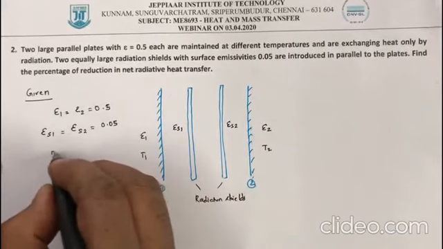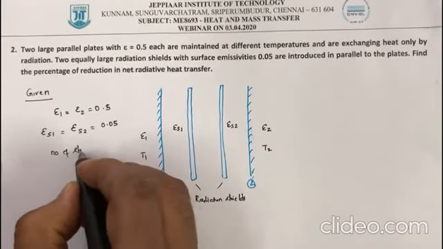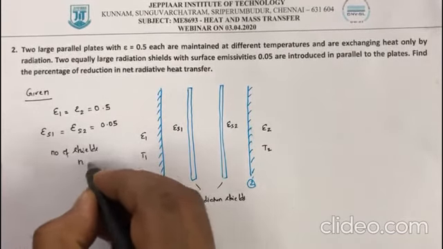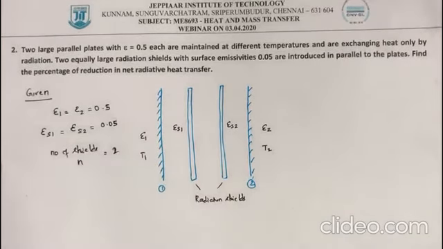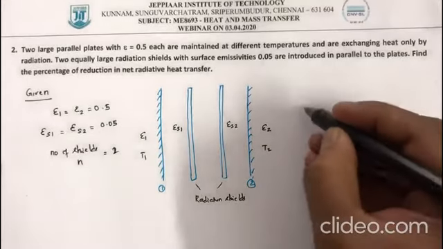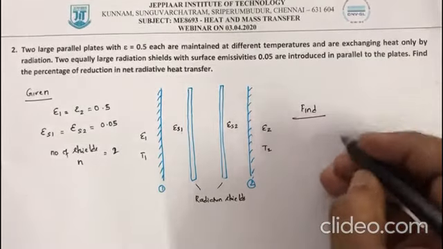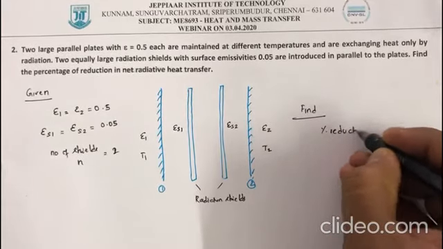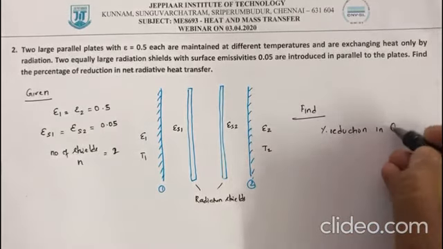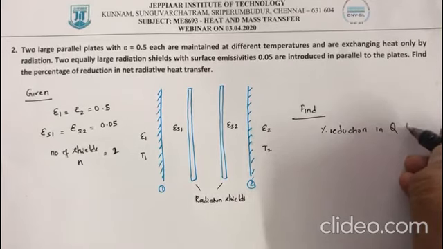So the number of shields here is 2. Now we have been asked to find out the percentage reduction in Q due to these shields.